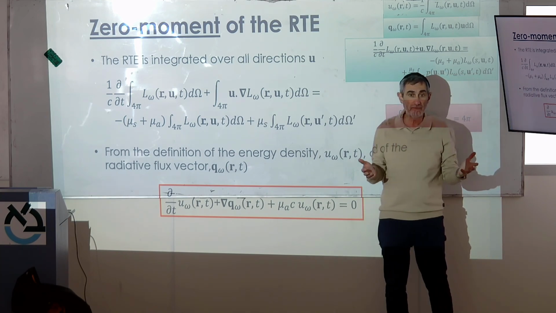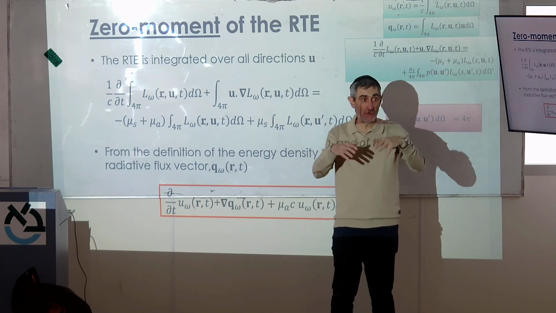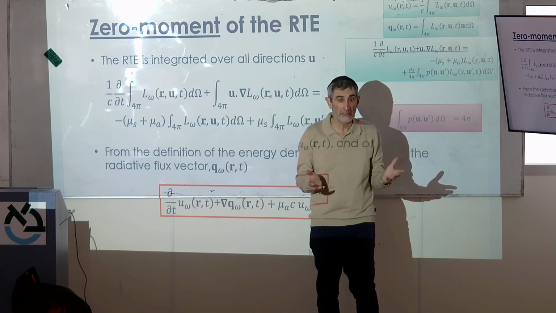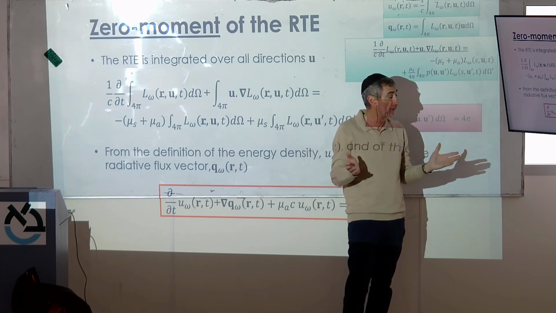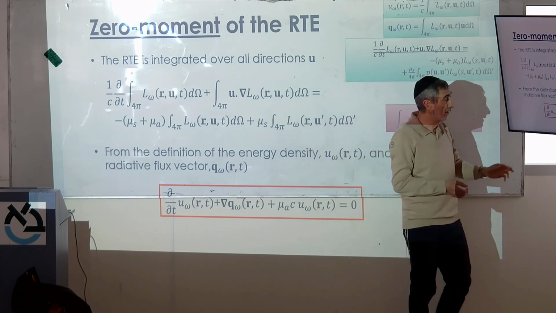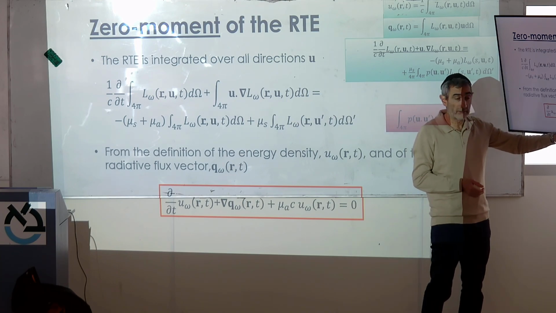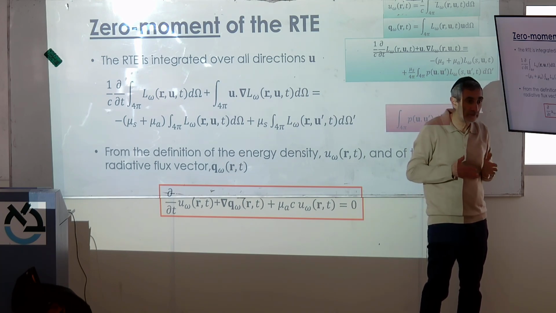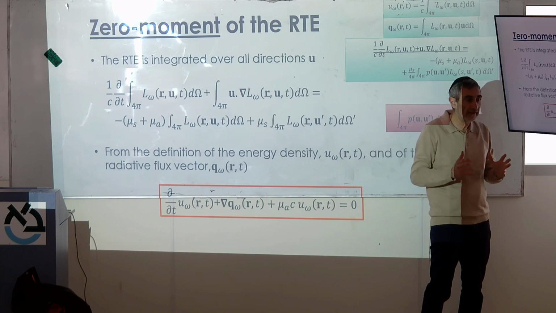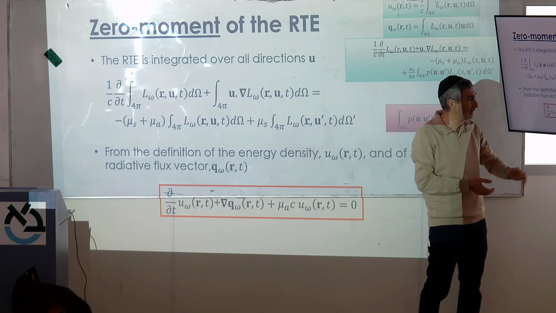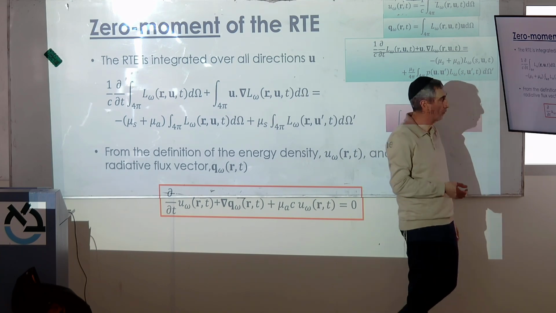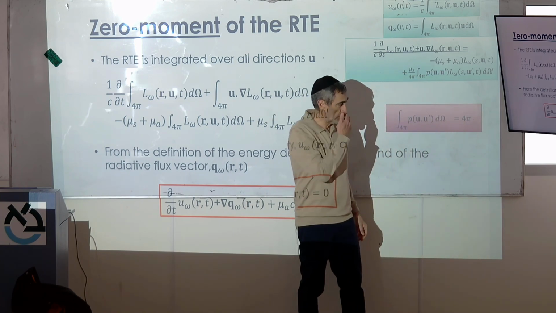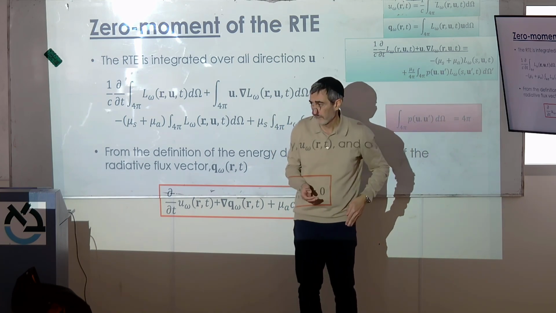From scattering you don't have a loss of energy, this is just a redistribution of the energy. Scattering is just redistributing the energy, but there is no loss. The only loss comes from absorption. So if the diffuse light moves somehow, this is because we have some absorption somewhere in the system. So that's the conservation of energy.